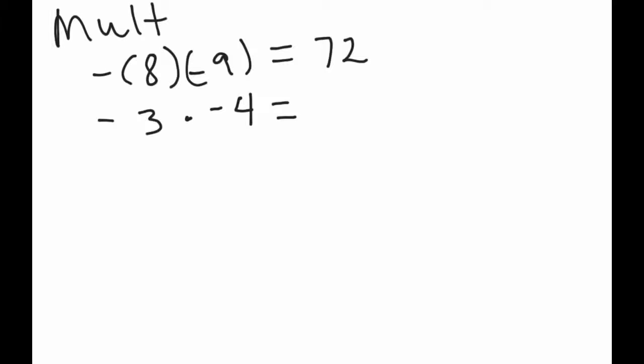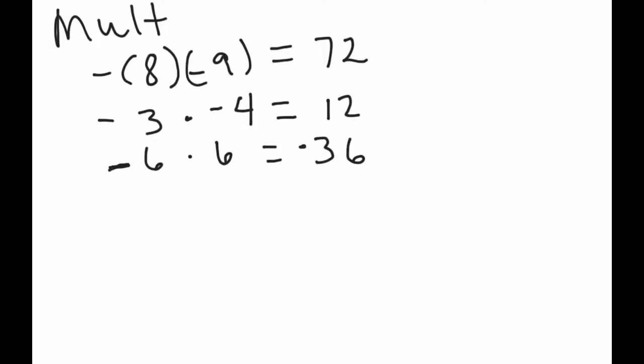Again, you have 4 times 3, 12, 2 negatives, positive. Negative 6 times 6. 6 times 6 is 36. I have a negative and a positive, so therefore the answer will be negative because the signs are different.